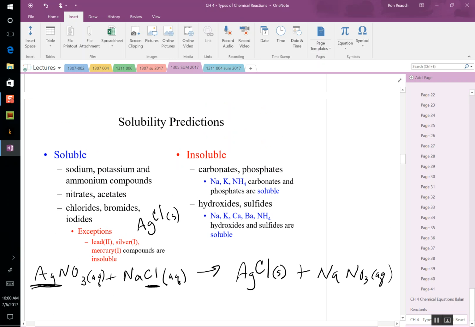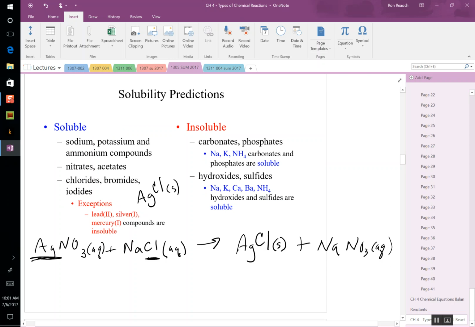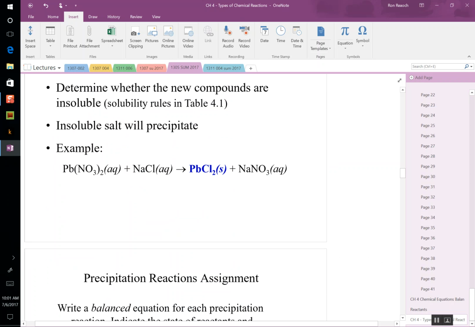Silver chlorides, mercury chlorides, but lead. So that predicts that is going to be a precipitate. And how are you going to indicate that it's a precipitate? You're going to put that S after it, not an AQ. Precipitation reactions are the reactions where these qualifiers here, these labels, are most useful.